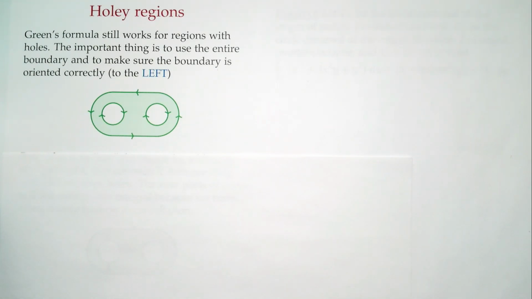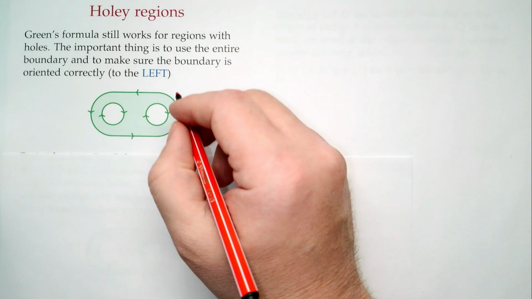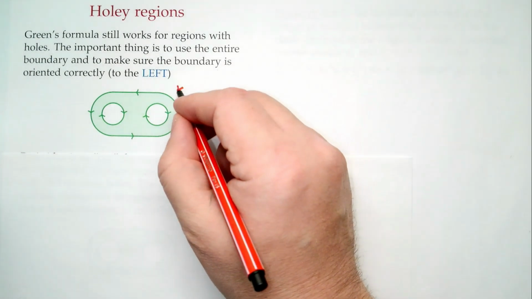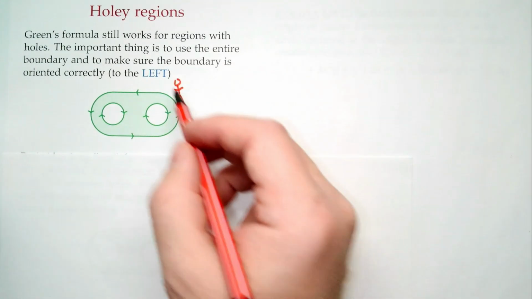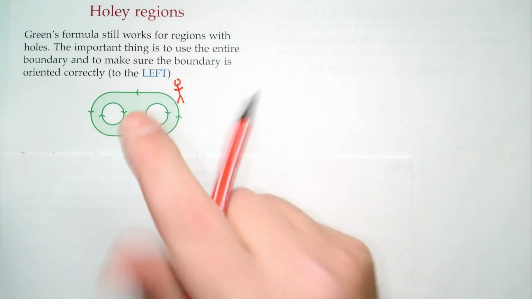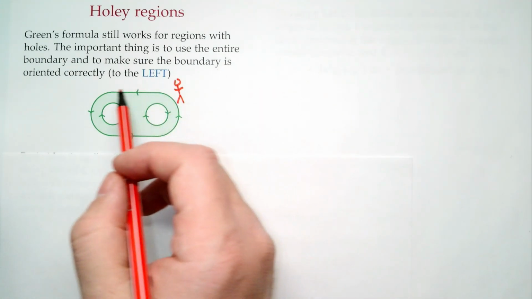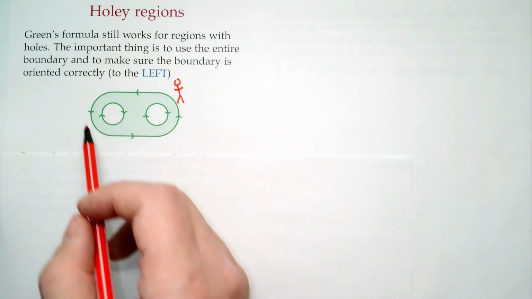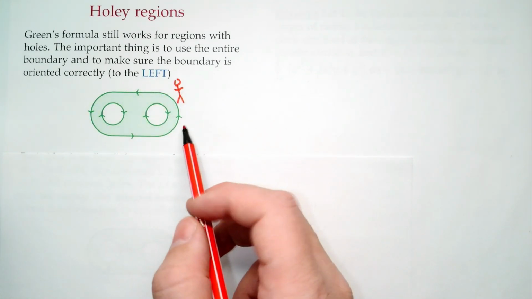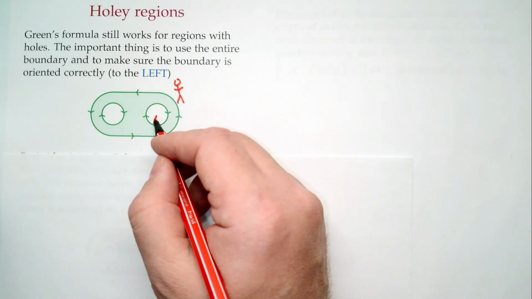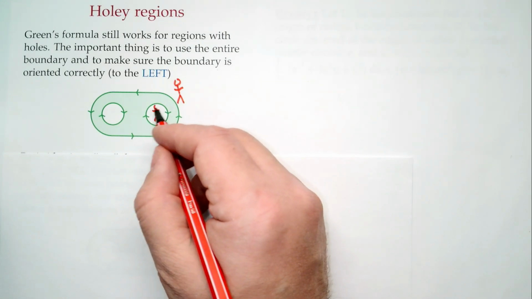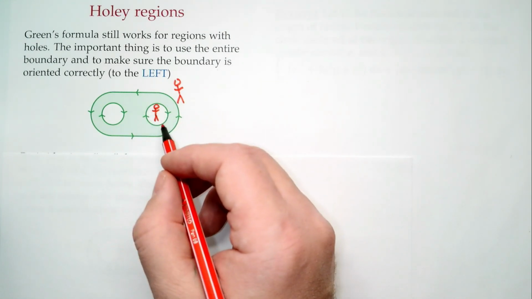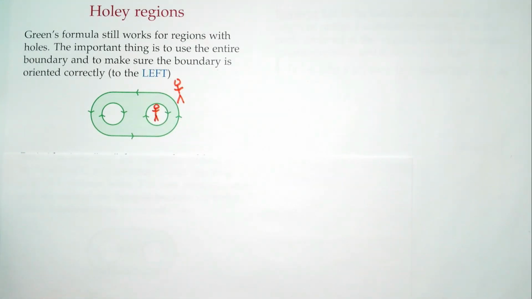So for instance, when I'm standing out here, if this is me and I want to go along this curve, the way to move along the curve so that the region stays to the left is to move in a somewhat counterclockwise direction. On the other hand, if I'm in the middle and I want to walk along this curve so I keep the region to the left, I would move in a clockwise direction. So you want to make sure you keep your orientation consistent.